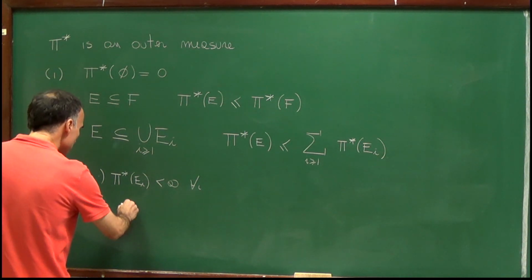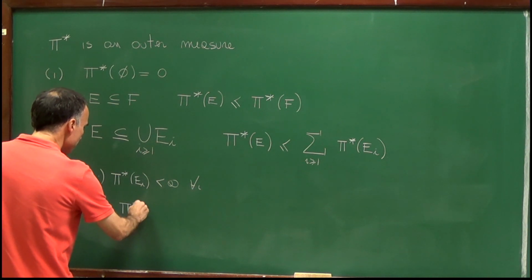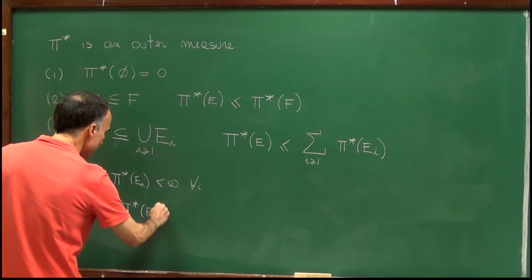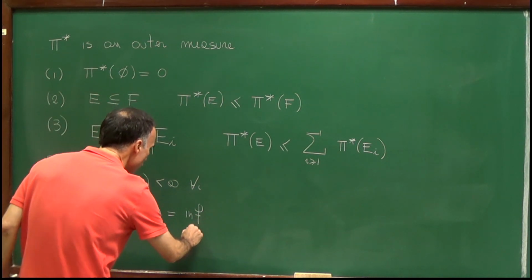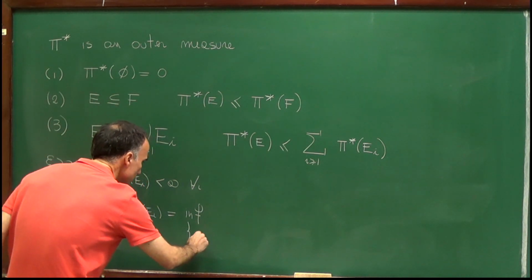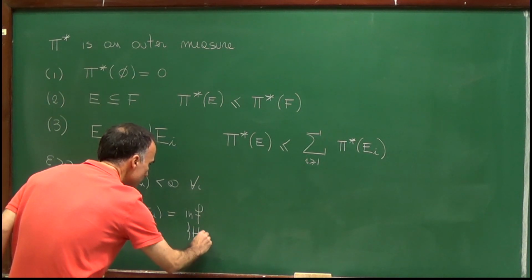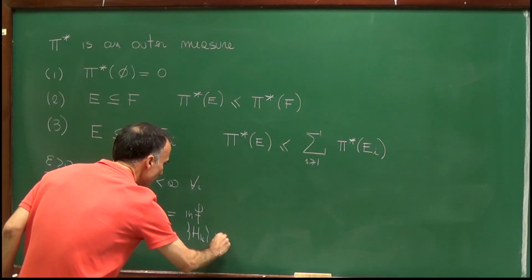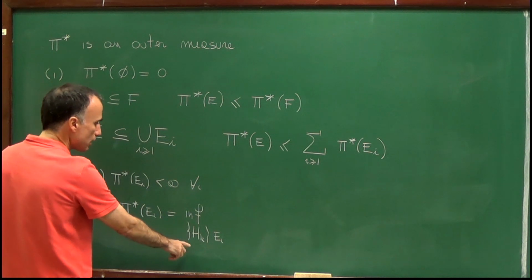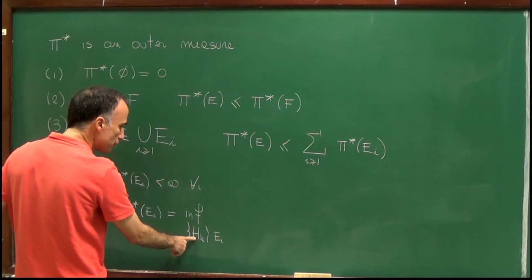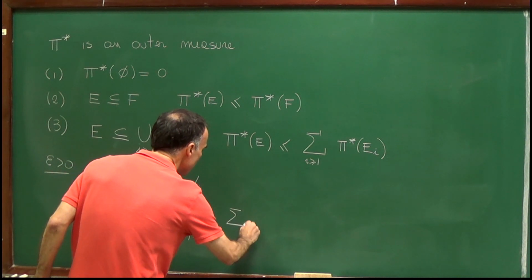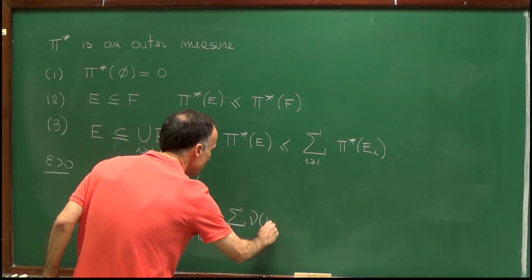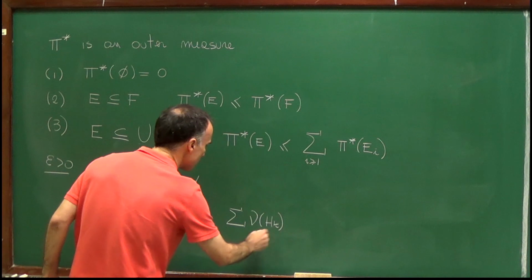And remember that P star of E_i is given by the infimum over all coverings. So let's say that we are covering E_i with sets H_k. So H_k are elements of the algebra, and the union of H_k contains E_i, of the sum of nu of H_k.